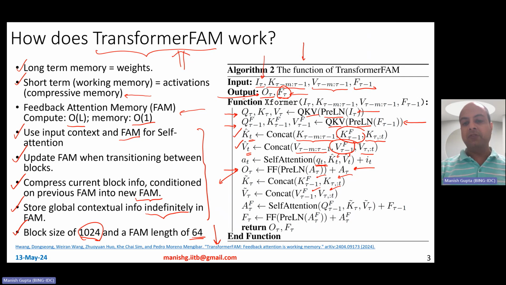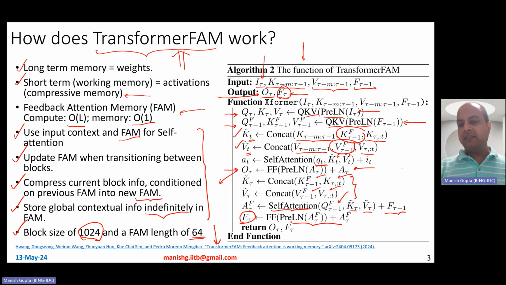And then you compute self-attention. The way you compute self-attention is you take the FAM queries and compute self-attention with respect to this overall bunch of keys and values. Okay. And then you do the same job: you do a residual connection, you do a feed forward layer on top, and that gives you your FAM memory.